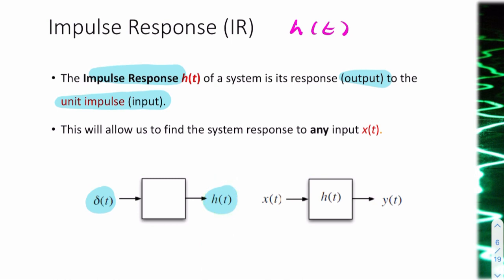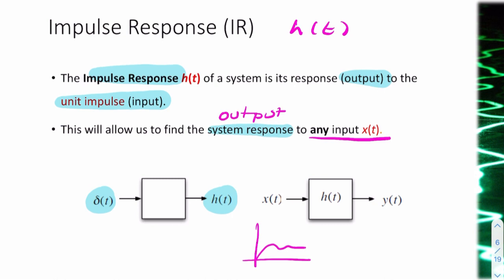Why is it useful? Why is it valuable? Because it allows us to find the output, or the system response, for any input. So whatever input you have, you can still find the output if you know the impulse response. So your input could look something like that.